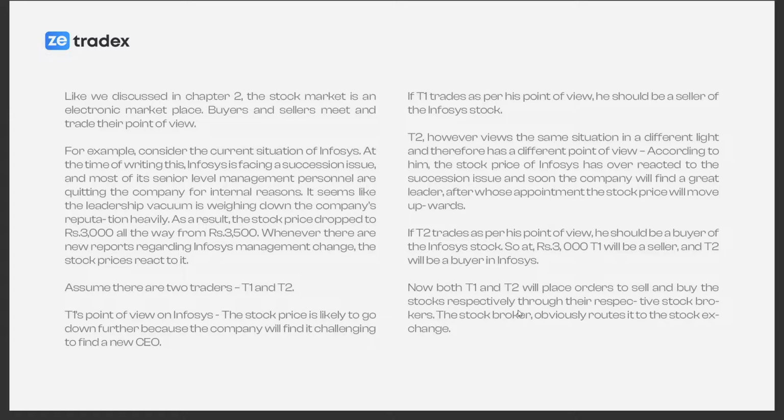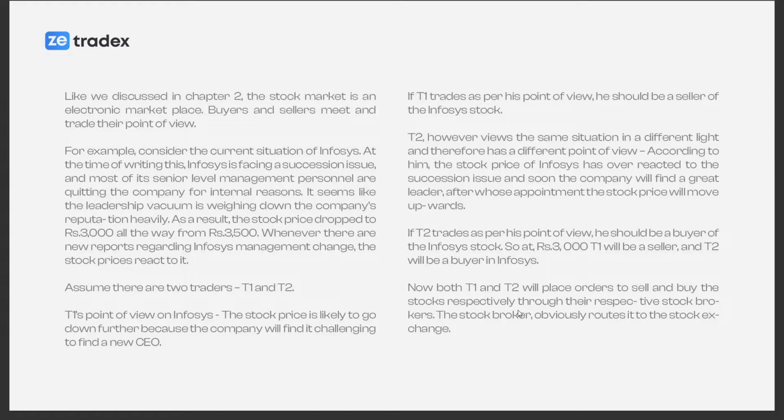Whenever there are new reports regarding Infosystem management, the stock price reacts to it. Assume there are two traders, T1 and T2. Now, T1's point of view of Infosystem is that the stock price is likely to go down further, because the company will find it challenging to find a new CEO. If T1 trades as per his point of view, he should be a seller of the Infosystem stock. T2, however, views the same situation in a different light, and therefore has a different point of view.